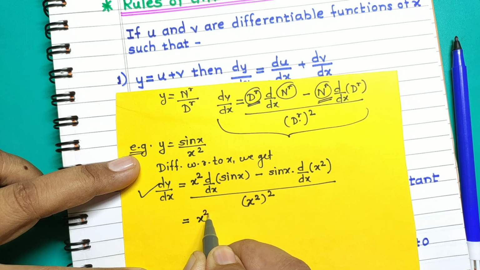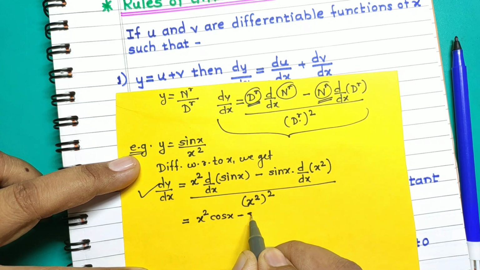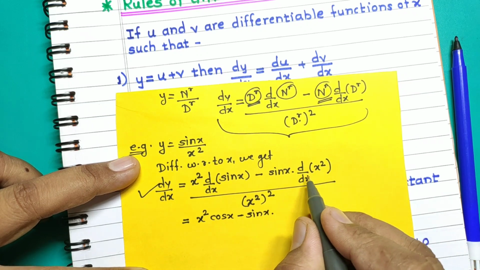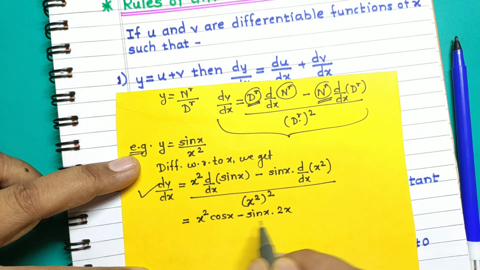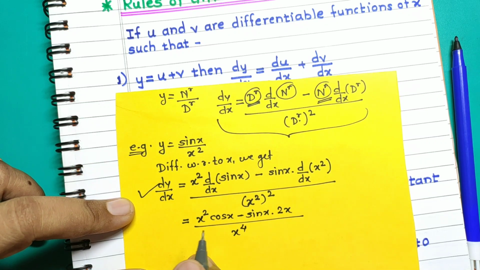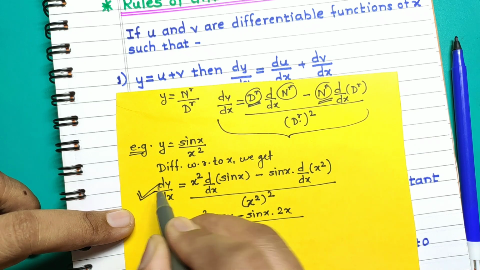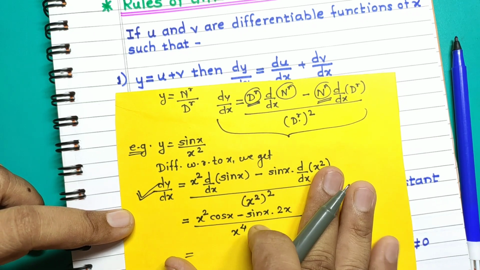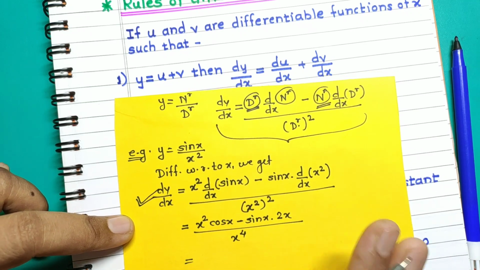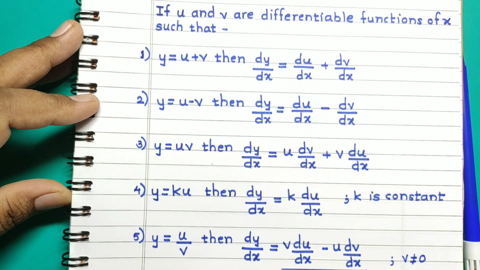Okay, x square as it is, derivative of sin x is cos x, minus sin x into derivative of x square is 2x upon x raised to 4. Now you may simplify this further. Now it is important to know the application of this division rule. So you remember all these 5 rules properly.